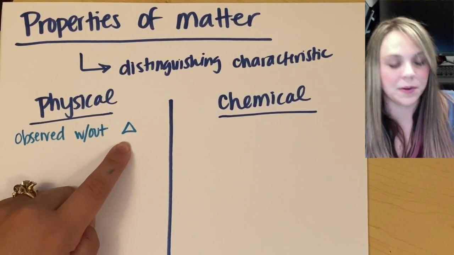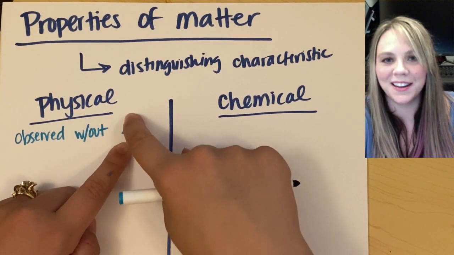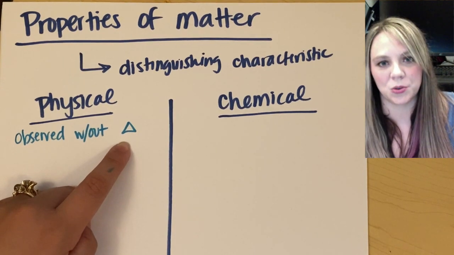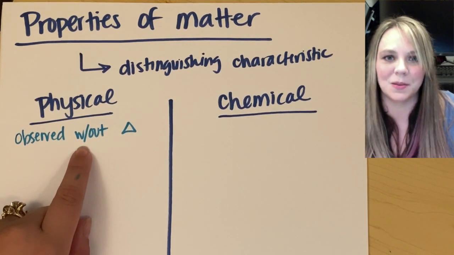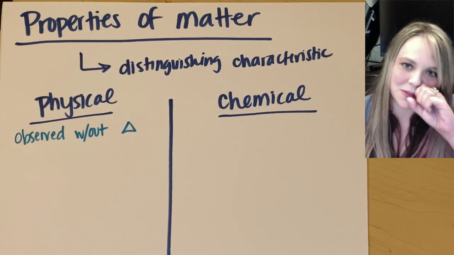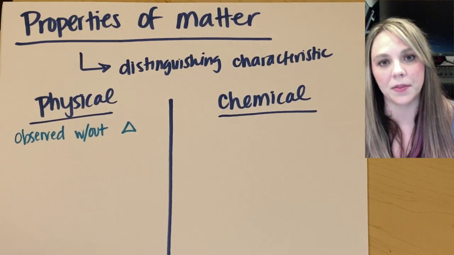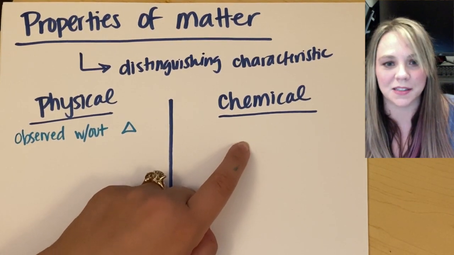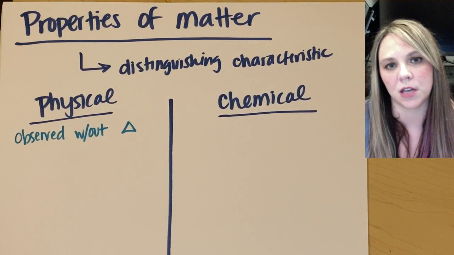A fun fact: in science, we love to abbreviate everything. This little triangle is delta. Delta means change. I shorthand everything, so W/ is with, delta is change. We'll get used to it. It'll be fun. Any physical property is going to be something you can observe about the substance without changing it. Chemical is going to be the exact opposite. Chemical would tell you something about how that substance changes.